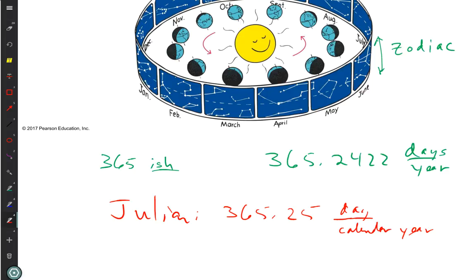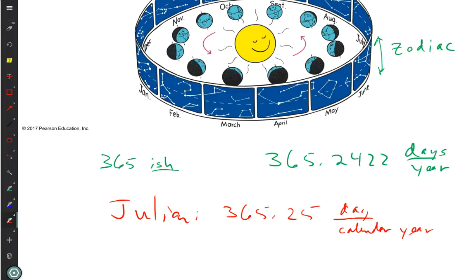And so over time, the new year kept moving. And so scientists, a long time ago obviously, realized this will never do. We're going to end up having summer start in July if we don't do something. And so we have a different calendar that we use today that's the Gregorian calendar.